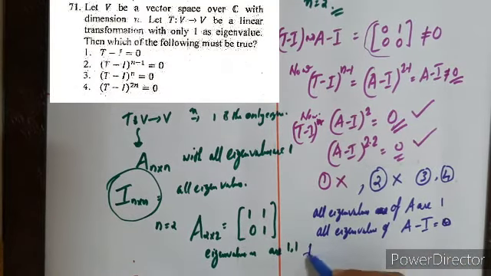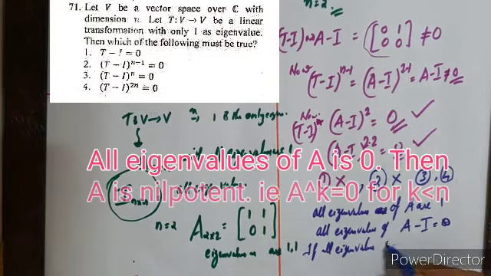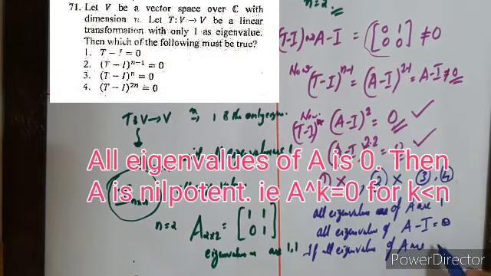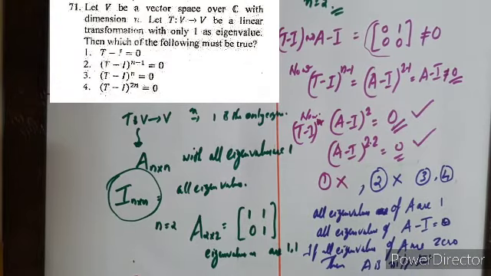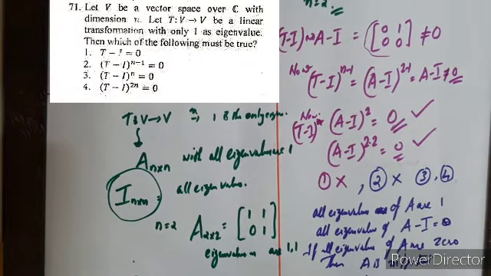If all eigenvalues are 0, then the matrix is nilpotent. What do you mean by nilpotent? A raised to some k is equal to the 0 matrix. So all eigenvalues of A minus I are 0, so A minus I is nilpotent.